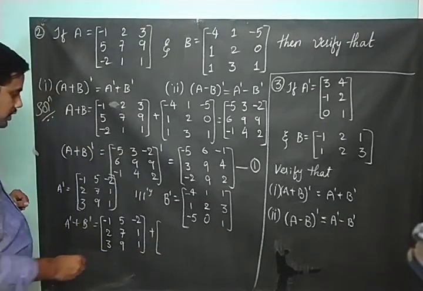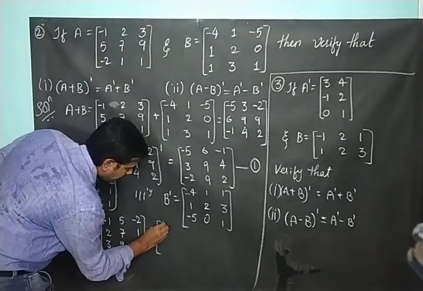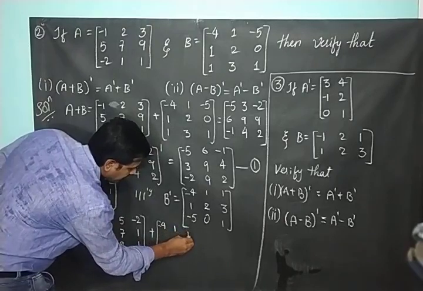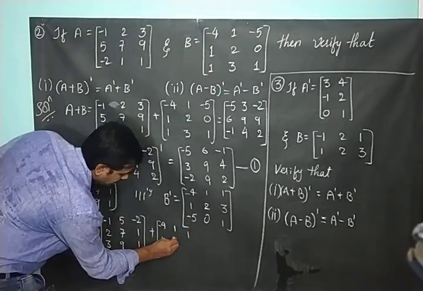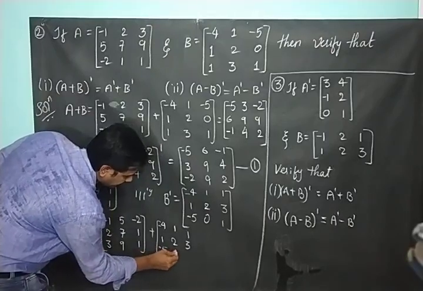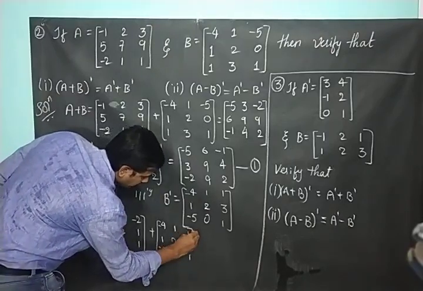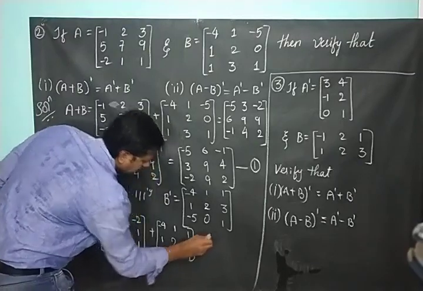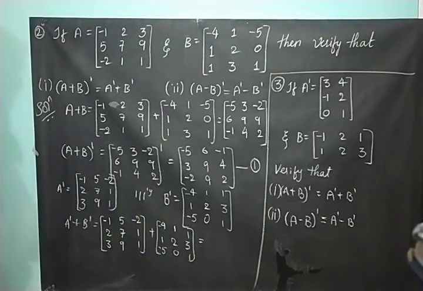What will our B dash be? Minus 4, 1, 1, 1, 2, 3, minus 5, 0, 1. This is our B dash. Right? So A dash plus B dash, what will we get?